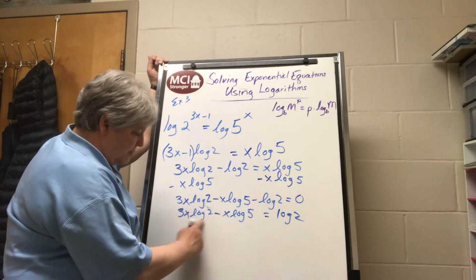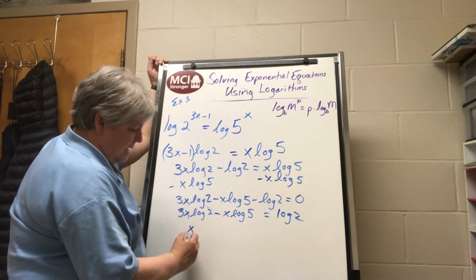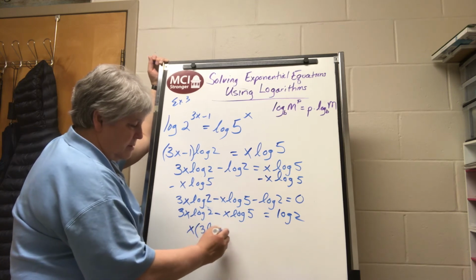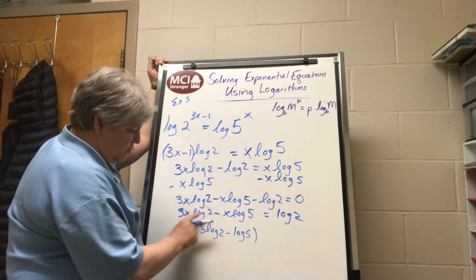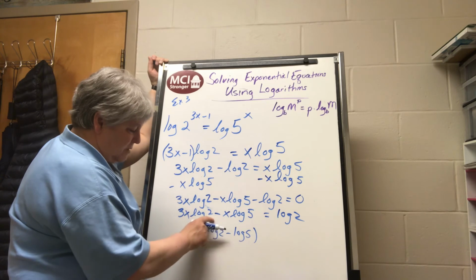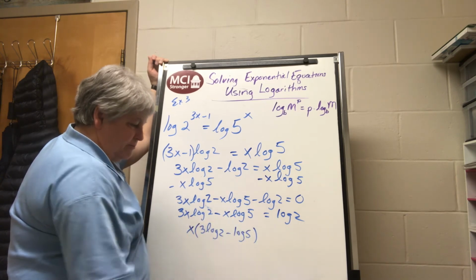I'm going to factor out, both of these terms have an x multiplier. So I'm going to bring out the x. So I'm just taking the x out of both terms. See how there's a common factor out front? That times that gives me this term. That times that gives me the other term.